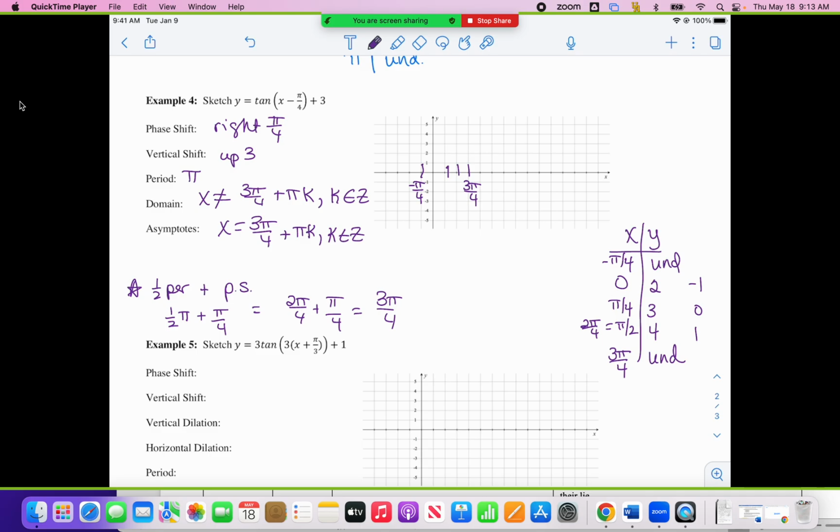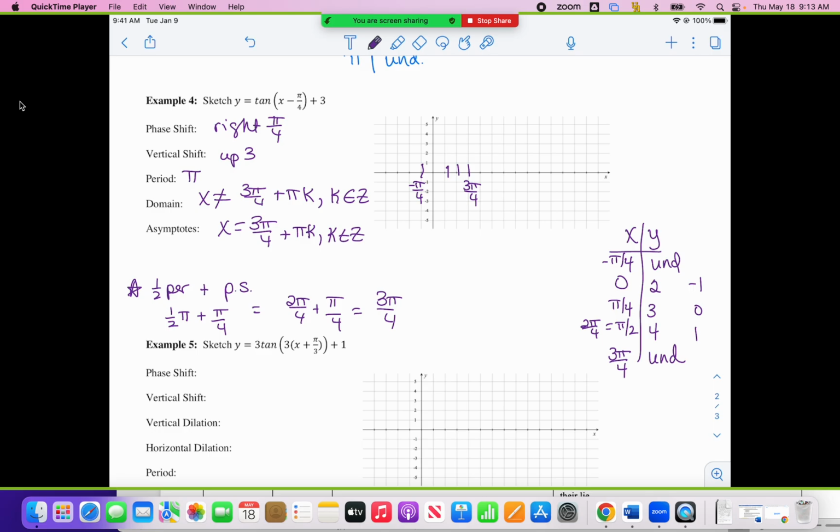So let me try to clear it up for you. You're going to start with your asymptote. I think the asymptotes are the best place to start. So you take half the period plus the phase shift. So 1/2 pi plus pi over 4. I was adding in my head and then added it twice, but that's 2 pi over 4 plus pi over 4 is 3 pi over 4.